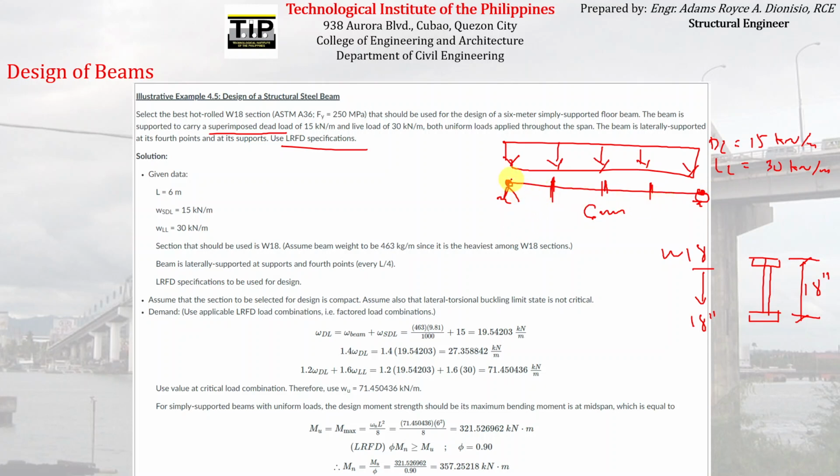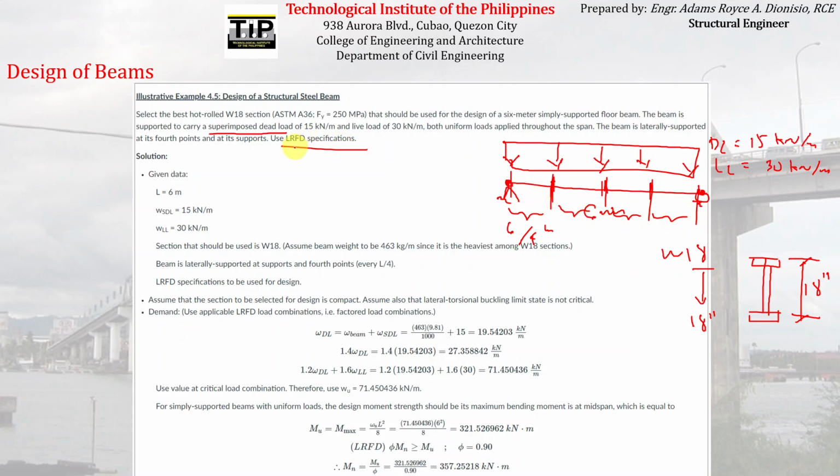So you have lateral bracing here, here, here, here, and here. Okay, according to the problem. So the unbraced length is just equal to 6 over 4 meters. That is the equal unbraced length all throughout the length of the beam.